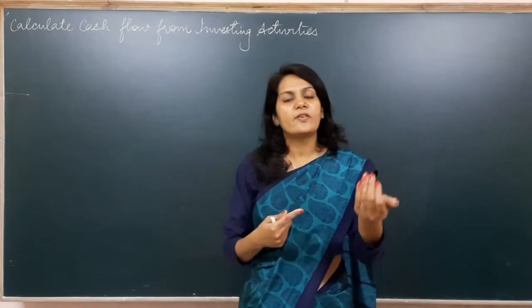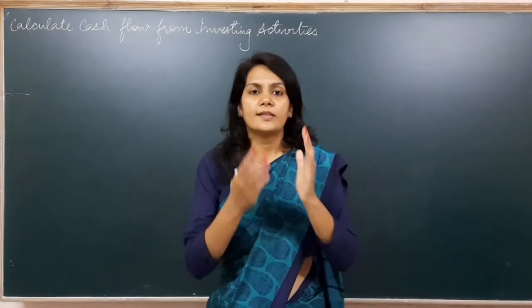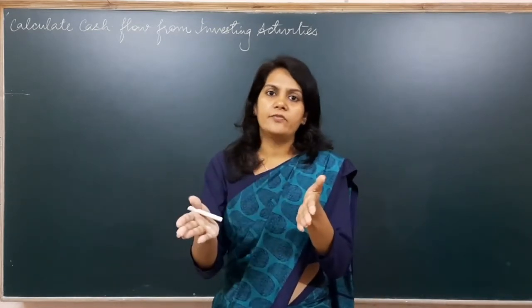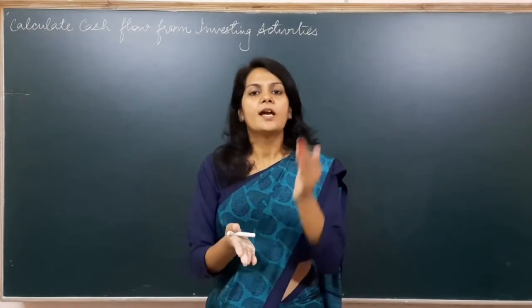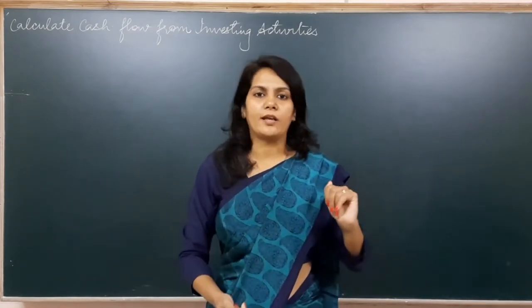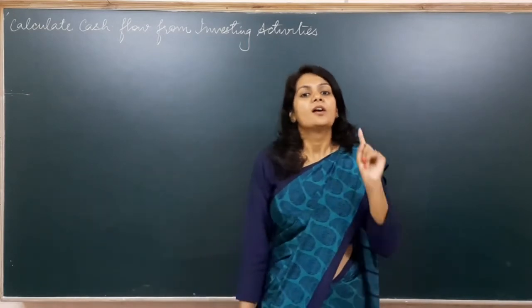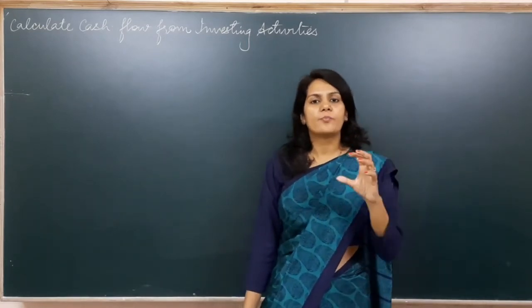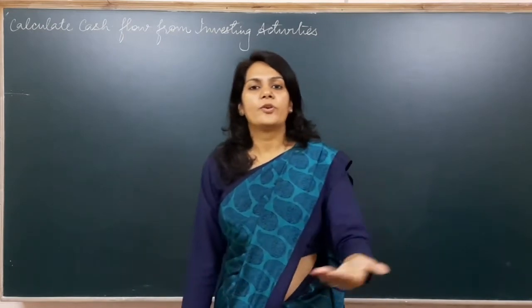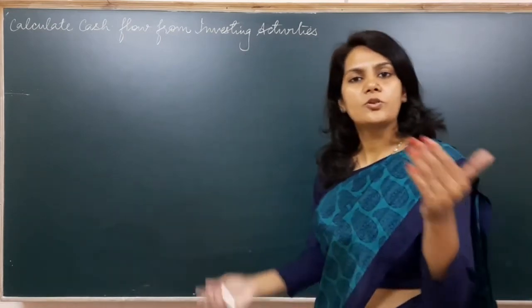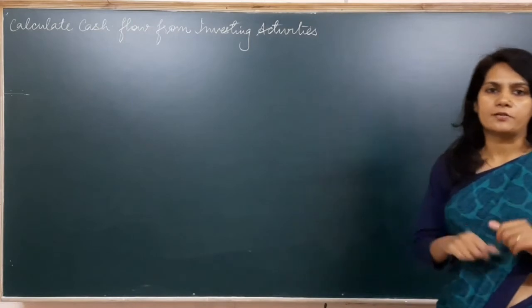If I am receiving interest on these debentures, then it is an investing activity. So it will be added in investing, but it will be subtracted in operating, because both interest and dividend received are not the incomes which a company earns from day-to-day normal routine activities, right? So we need to do the treatment here.